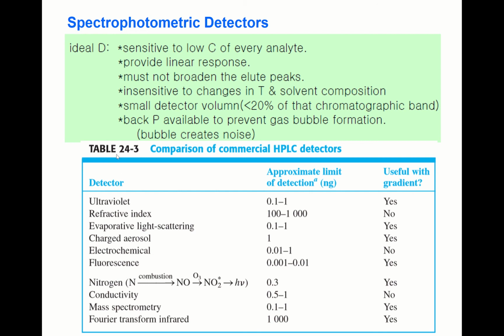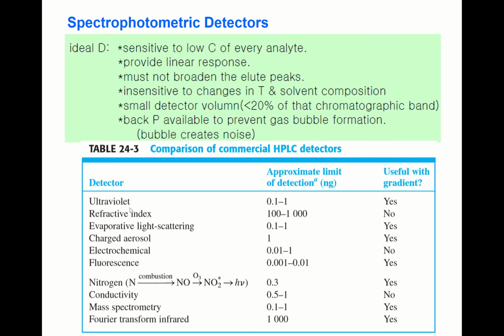This table 3 lists different detectors. Wow, there are a lot: one, two, three, four, five, six, seven, eight, nine, ten. At least 10 detectors can be used in liquid chromatography. This table compares the commercial HPLC detectors. For example, the ultraviolet detector.